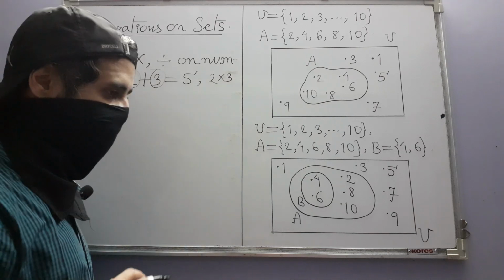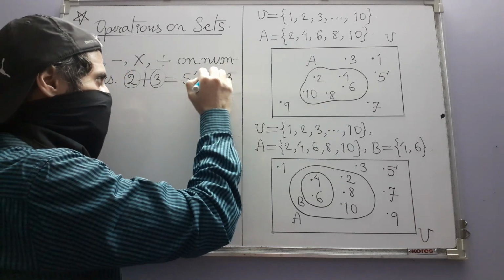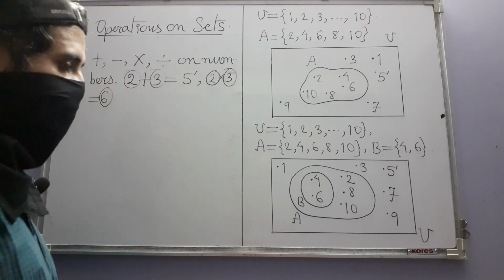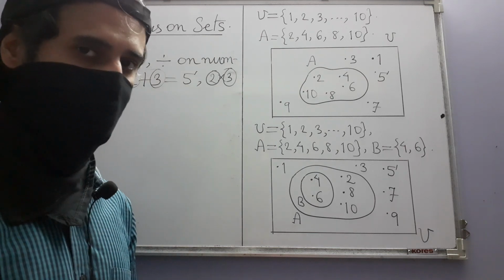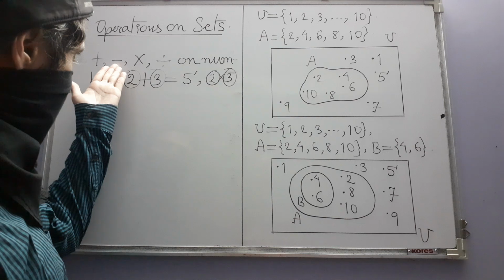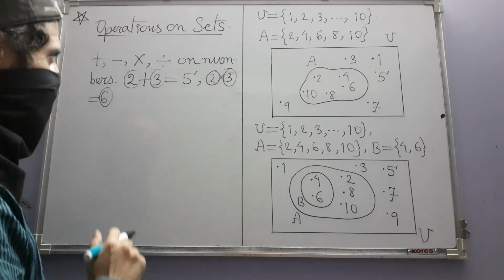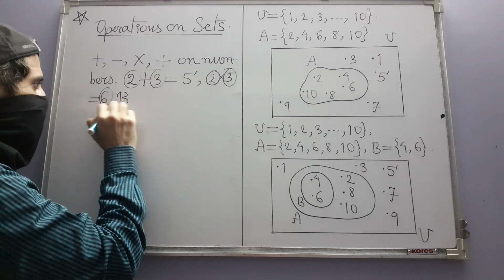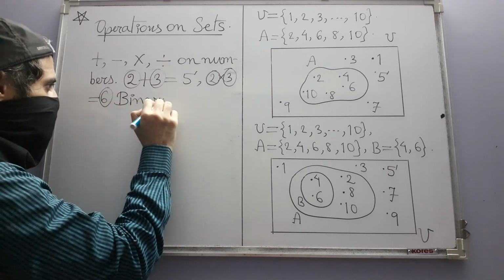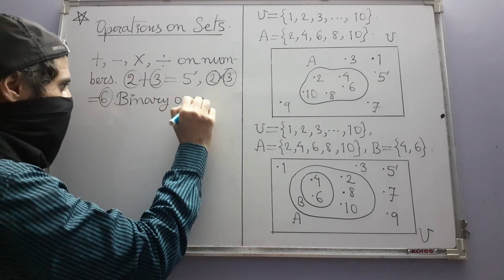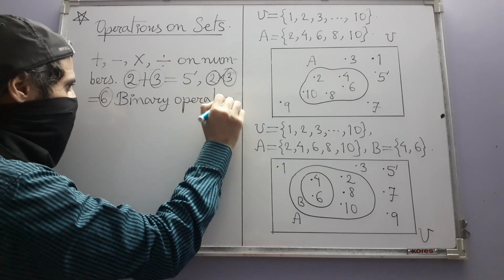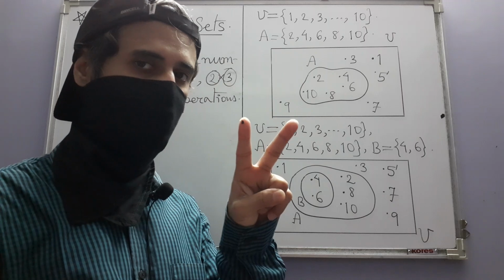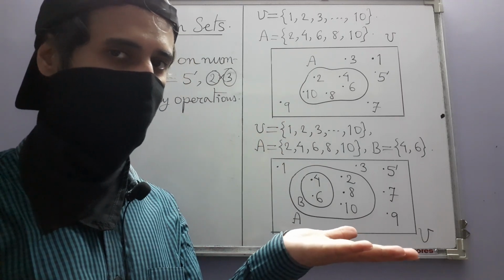In the multiplication operation machine also, you put 2 things, 2 and 3, and it gives you 6. That is also the case with subtraction and division. Because of this, such operations are called binary operations, where you give 2 inputs and 1 output is given back to you.